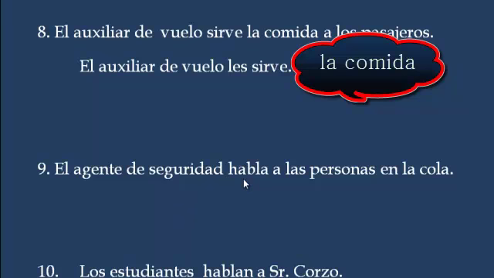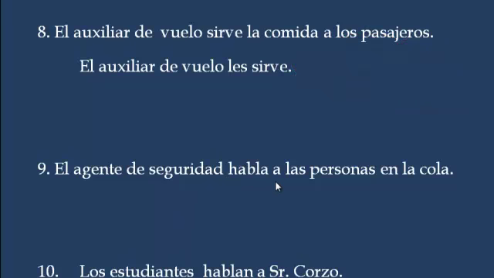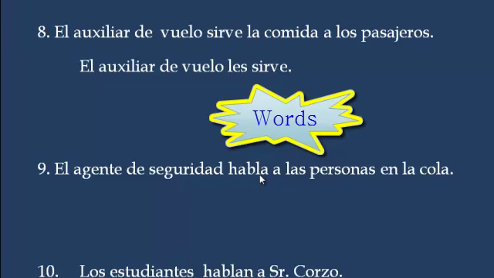El agente de seguridad habla a los pasajeros en la cola. Okay, now this one's a little tricky, because the direct object of the sentence cannot be found in the sentence. Because when we talk to someone, the direct object that's given to the other person is our words.